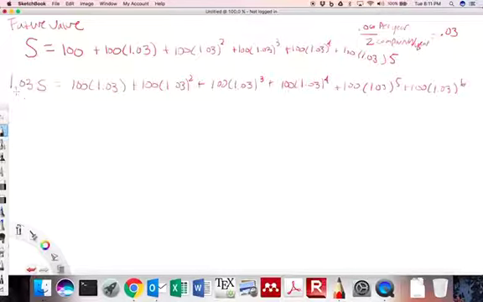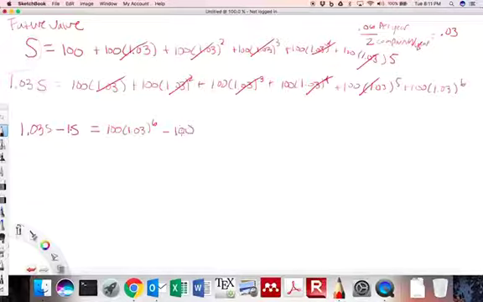So now let's take 1.03s minus 1s, this term minus that term. And what happens is those cancel, those cancel, those cancel, those cancel, those cancel, and then we're left with 100, 1.03 to the 6 minus 100. Then of course these are s's, not 5's.